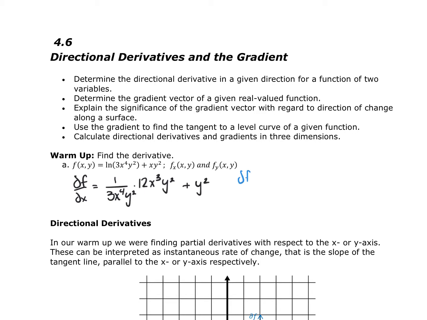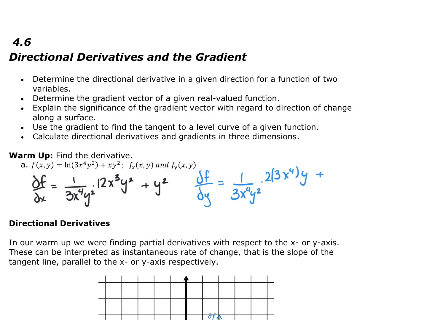Now if I want to find the partial derivative with respect to y, then it will be 1 over 3x raised to the fourth y squared multiplied by 2 times 3x to the fourth y, and then plus 2xy.